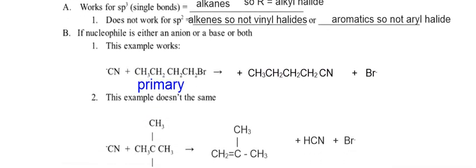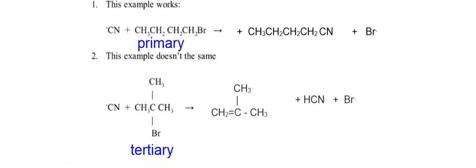But look what happens if I have the exact same setup with a cyanide, but now the carbon that the bromine is attached to has branches, has this methyl group on that carbon as well. This is what's called a tertiary because it has 1, 2, 3 groups hanging off of it, and there's no hydrogens hanging off of this carbon. So look what happens. You don't make a nice normal change.